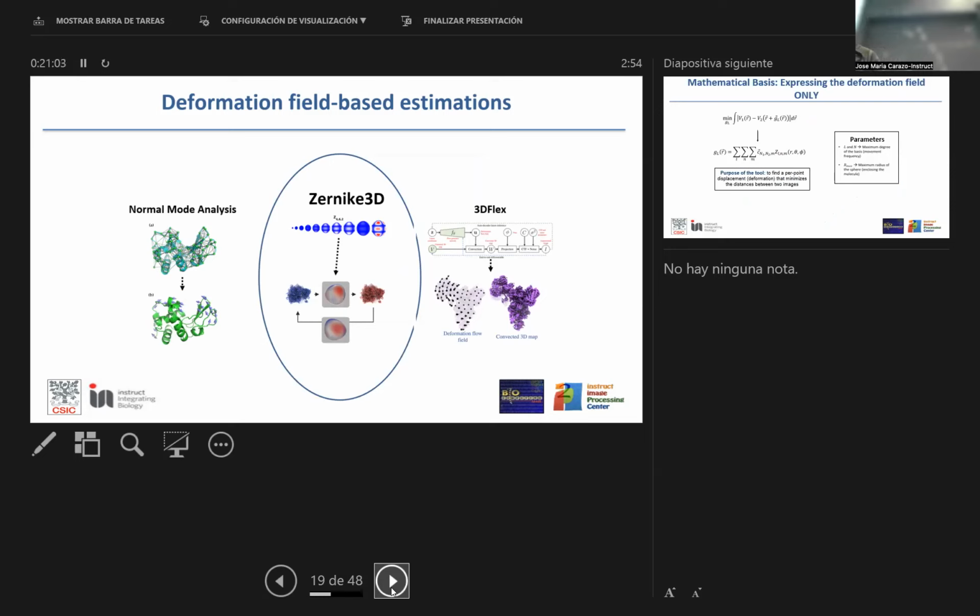You probably know also, and you have probably heard of here, Slavica Jonic working a lot in this area of flexibility also with the normal mode analysis and now with some molecular dynamics information. And 3D Flex is coming from CryoSPARC, and it was published perhaps a couple of months ago. And it is completely different in how things are done, but conceptually very similar to what I'm going to present to you today.